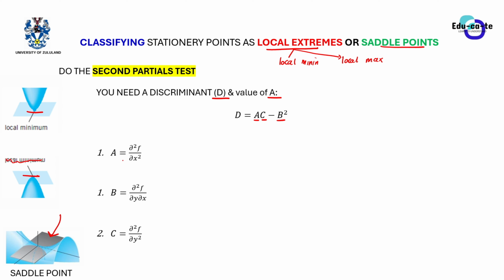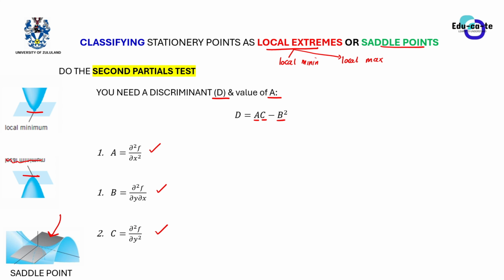To get A, you take the second partial derivative with respect to x. To get B, you take the partial derivative of the partial derivative with respect to y, in terms of x. We're going to see how that works. And for C, you take the second partial derivative with respect to y.